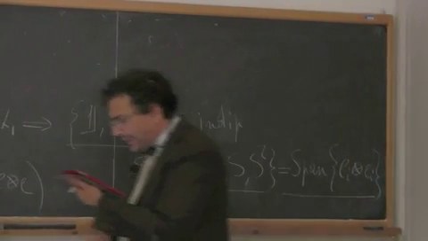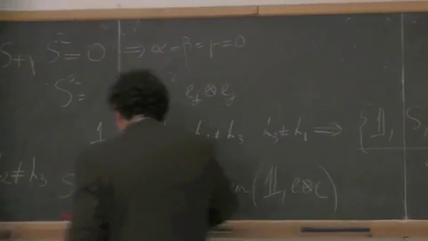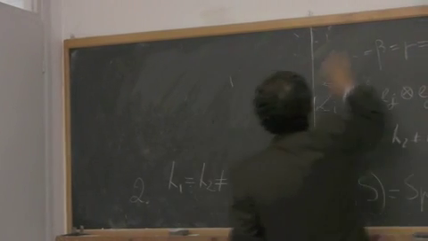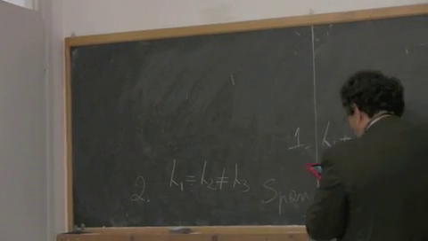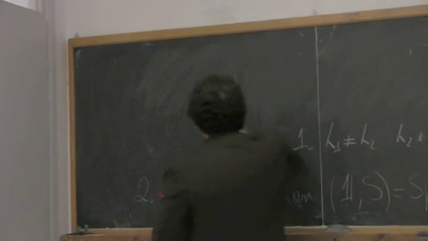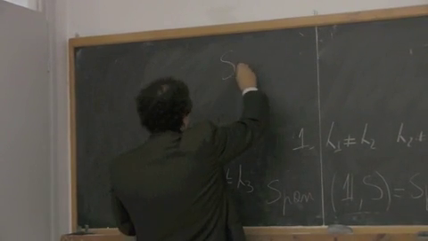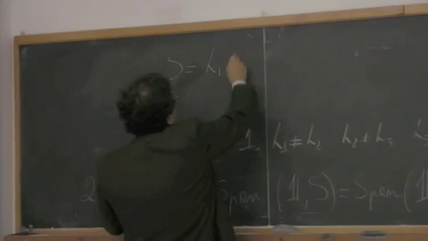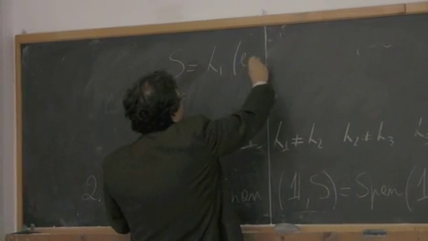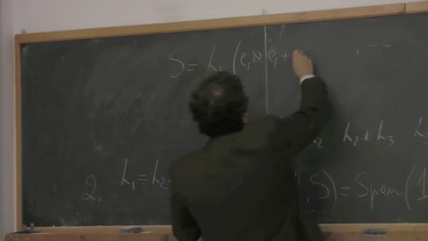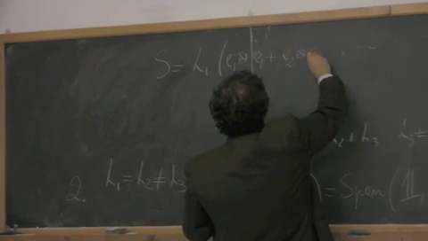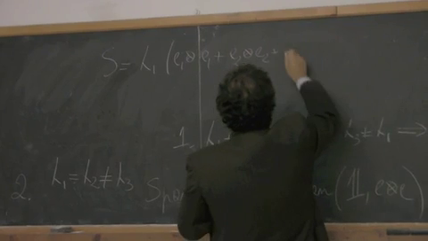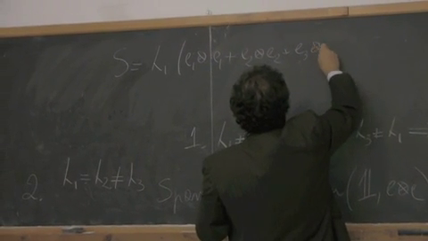Okay, let's go ahead. So, assume that you have two distinct eigenvalues. So S can be written in this way. Lambda 1 E1 tensor E1 plus E2 tensor E2 plus E3 tensor E3.